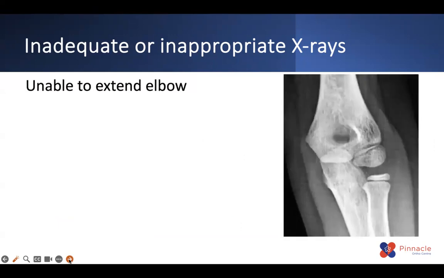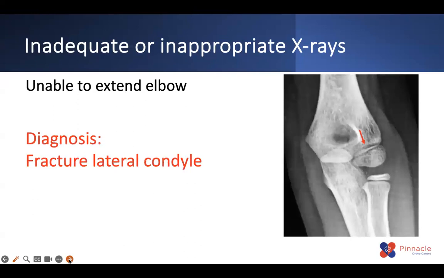Another example, now this is again an elbow trauma, and the child has some fixed flexion deformity of the elbow. He's unable to fully extend the elbow, and this was diagnosed to be a lateral condyle fracture. However, if you look carefully, this line, which is diagnosed to be a fracture, is actually an overlap of the capitulum on the distal humerus metaphysis. And this appearance is because the X-ray has been done in a flexed position.